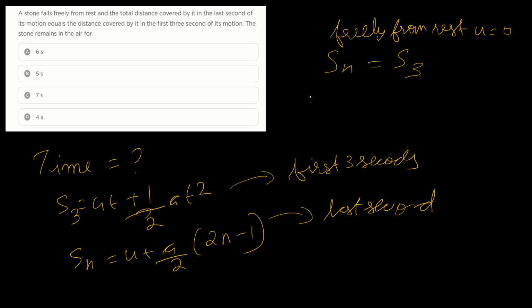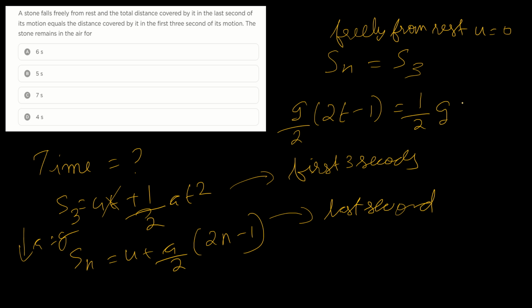So we can modify the equations. What happens to Sn? u will become 0. We can take the remaining terms, a by 2 into 2n minus 1. Instead of a, we need to give g, because it is free fall. a equal to g during free fall. So we write g by 2 into 2t minus 1, where n is the tth second, which is equal to ut plus half at square. u becomes 0, so it is half into g into t square, and here t is 3, so into 3 square.